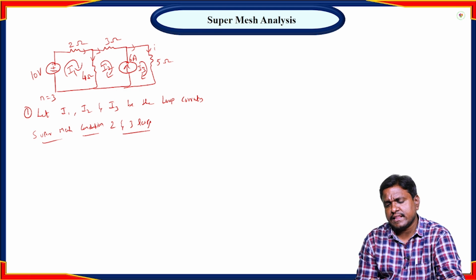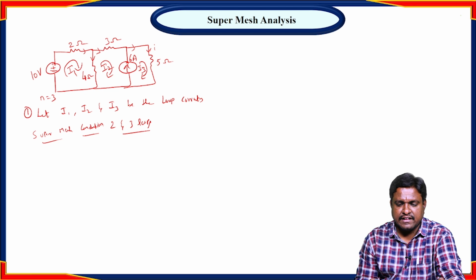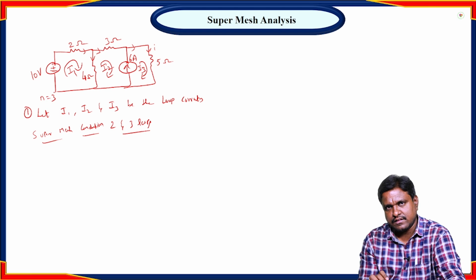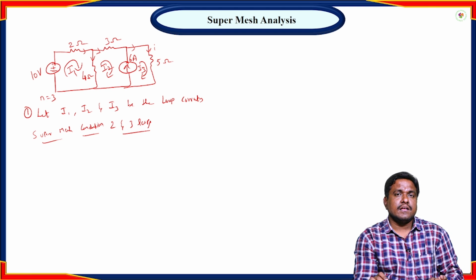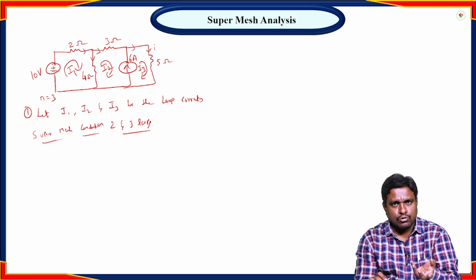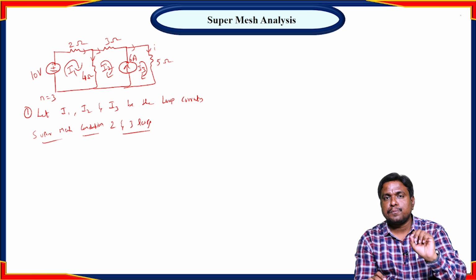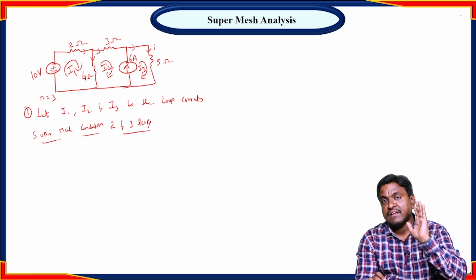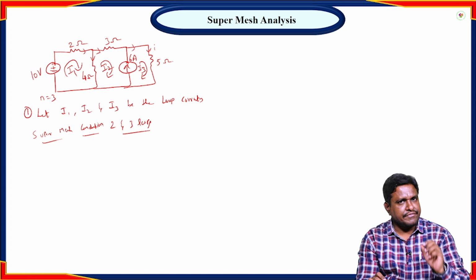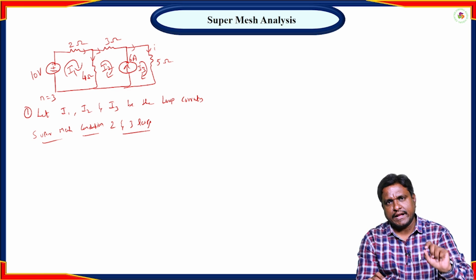There may be a doubt: if there is a current source only in one loop, say in the last branch or in the starting branch, then what is the case? If there is a current source, it is a super mesh case, but where it is located is very important.